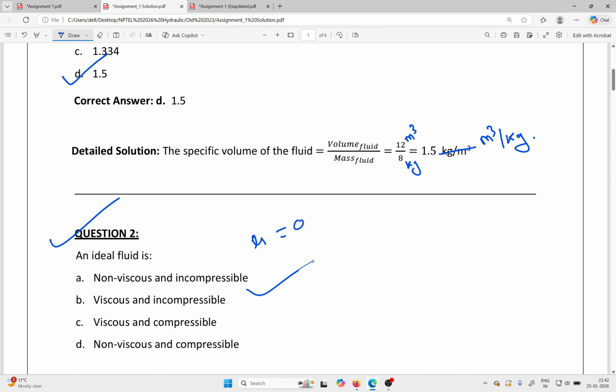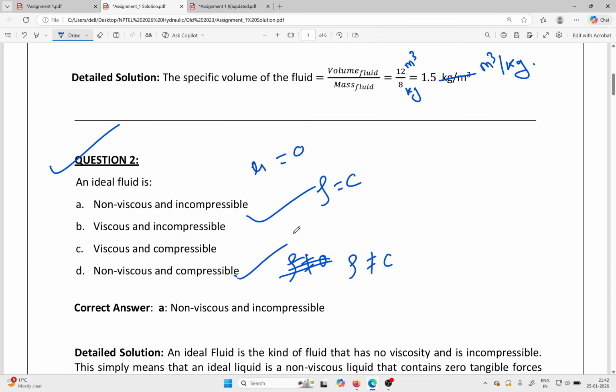But whether it is incompressible or compressible, rho is constant with temperature and pressure, as we have seen. So it is non-viscous and incompressible.